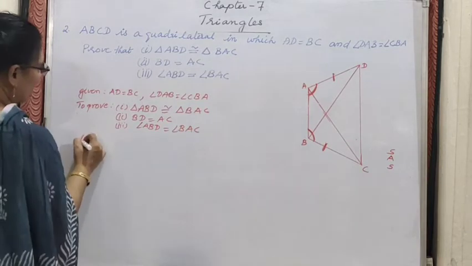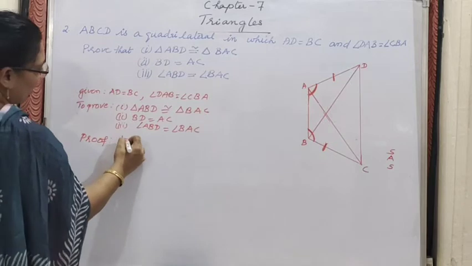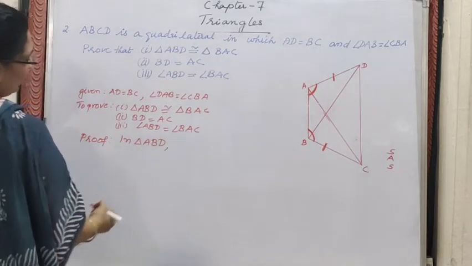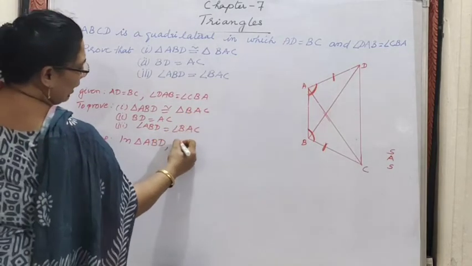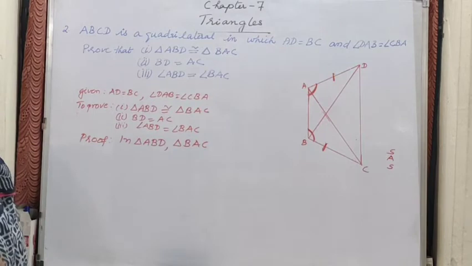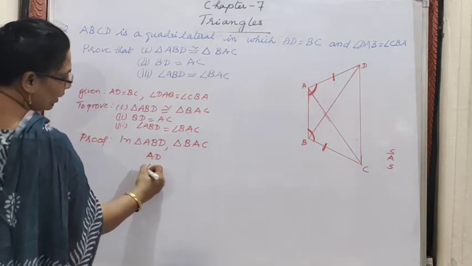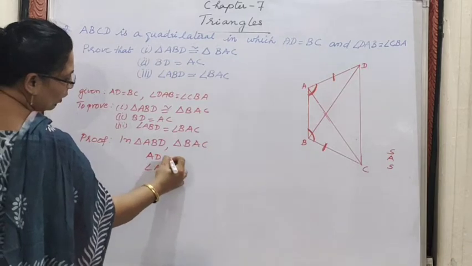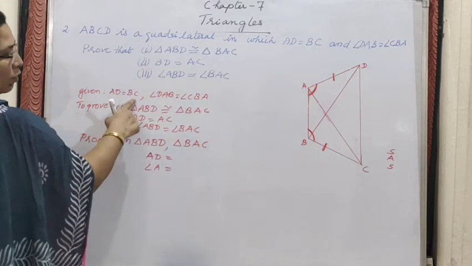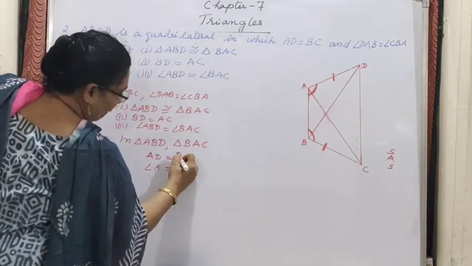Okay. Now what is the proof? In triangle ABD, okay, which is the next triangle? Triangle BAC. I'll write what the equal sides from ABD are. AD is equal and angle A is marked as equal. For AD, the equal side given is BC. AD equal to BC. In the diagram also we can see that it is BC only.